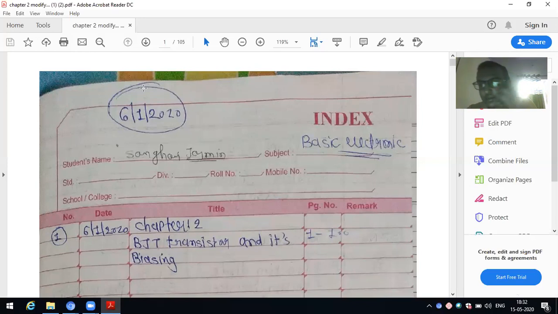Today we have discussed the topic related to DC load line and Q point regarding the common emitter configuration of transistor. I have shared the whiteboard with you.